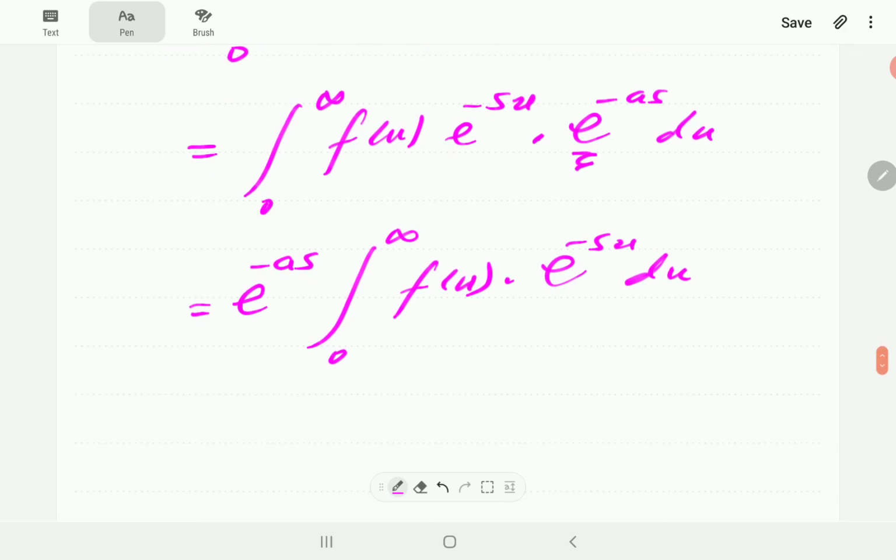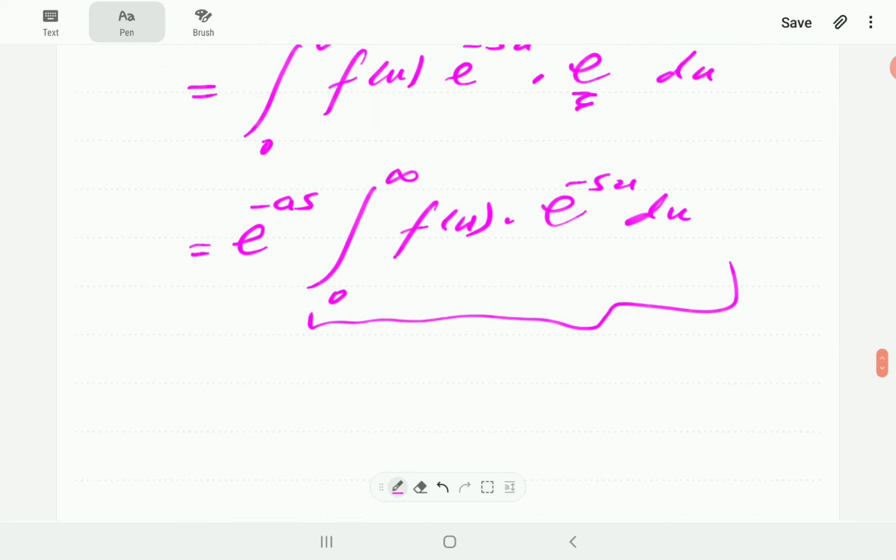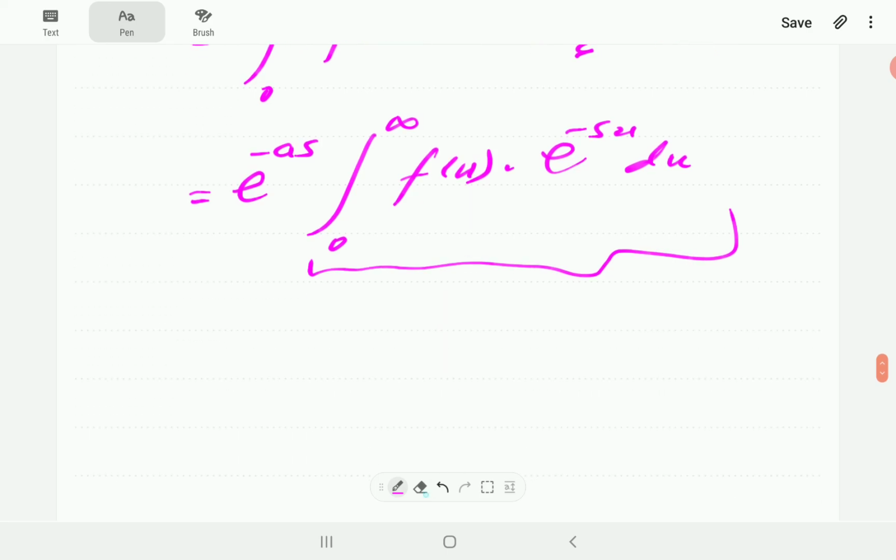However, this is just the Laplace transform of f, because remember, the u is just a dummy variable. It could be u, it could be t, could be anything else, well, except the letter s in this case. So this is e to the minus as times the Laplace transform of f, which completes that derivation.